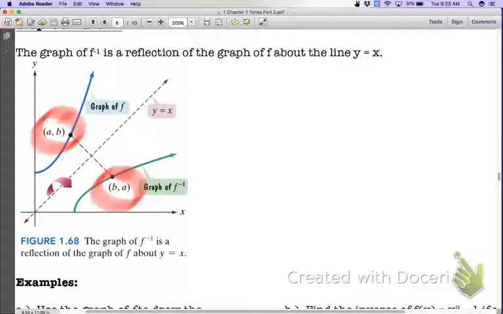The x becomes the y becomes the x. So you can find any point to see if it is going to be a function, or if the inverses, as far as whenever we graph them, may overlap, may not, or may share the same point. It just depends on what kind of function we're dealing with.